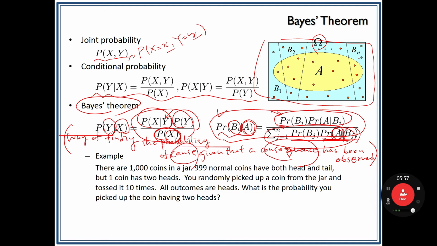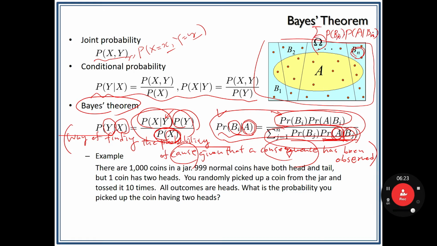For example, what is the probability that event A happens if Bn already happened? That is expressed by this one, and then we multiply the probability of Bn itself. Okay, and we add all those things.